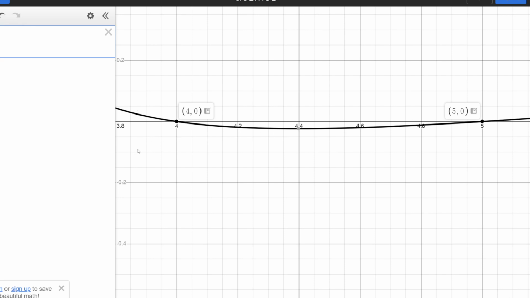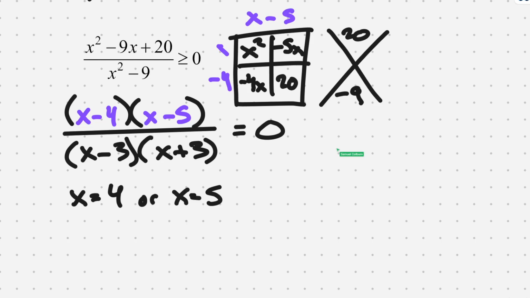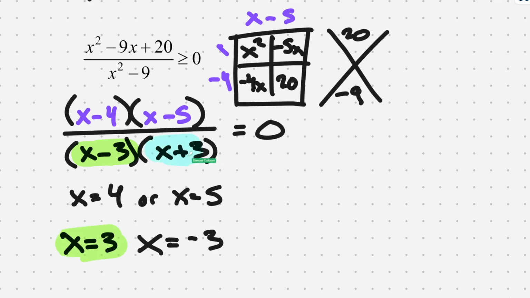I'm going to zoom out, and you're going to see that there's 2 more places where the function switches from positive to negative, and they are x equals 3 and x equals negative 3. How did I get those? They are the places where the denominator is equal to 0.